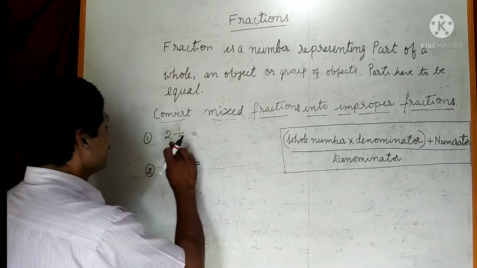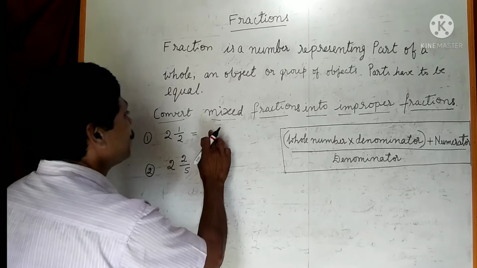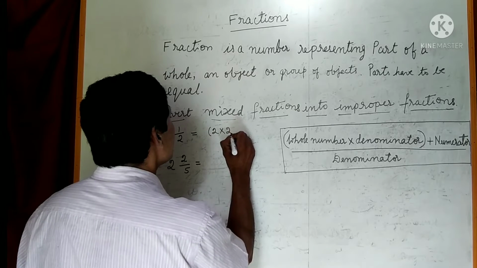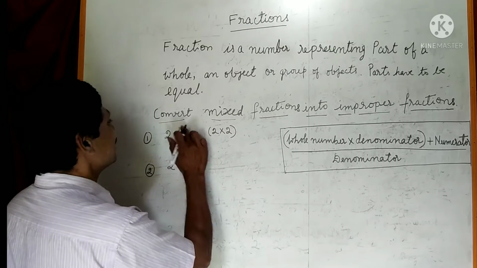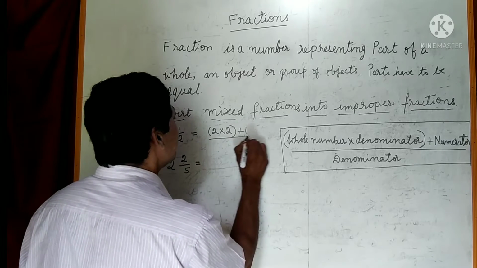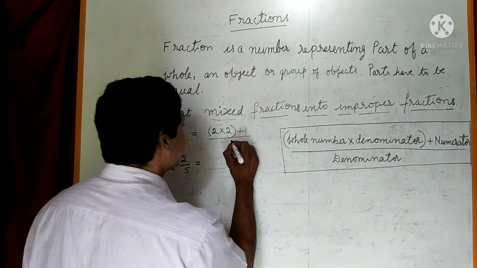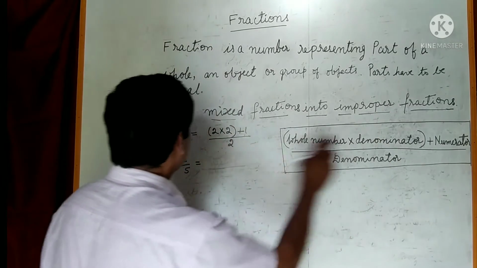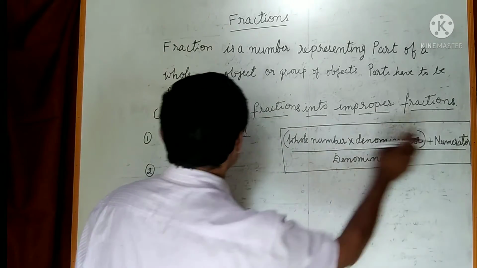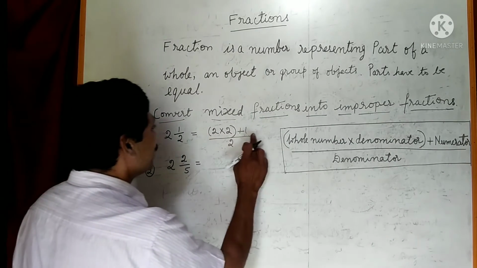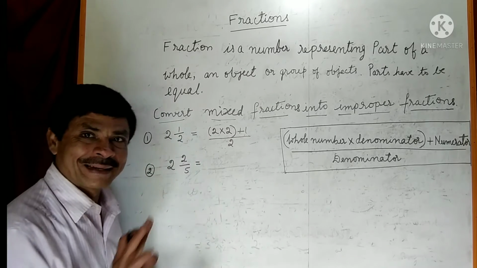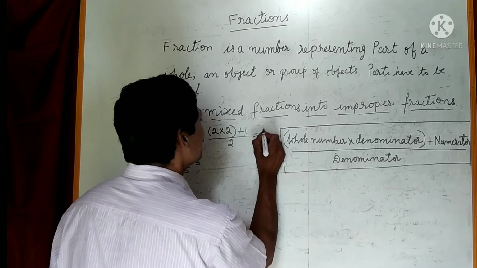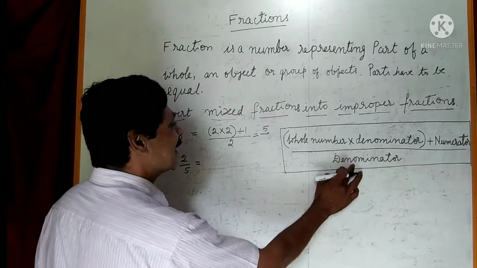Now we will convert 2 1 by 2 into an improper fraction. 2 into 2 plus the numerator 1, divided by the denominator. Whole number into denominator plus numerator, all divided by denominator. 2 into 2 is 4. 4 plus 1 is equal to 5, divided by the denominator.